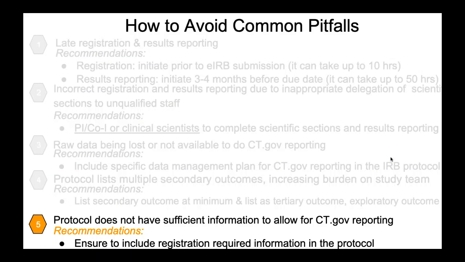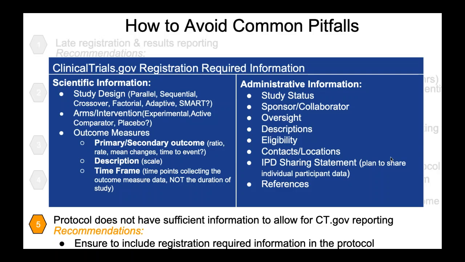So the fifth problem is the protocol does not have sufficient information to allow for CT.gov reporting. Whether or not the responsible party, the PI, delegates CT.gov reporting tasks to other scientific members, typically the protocol doesn't have enough information to do the CT.gov reporting. So these are CT.gov registration required information.